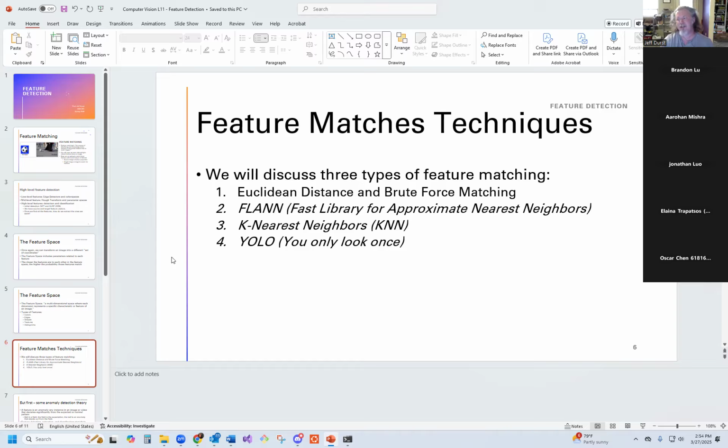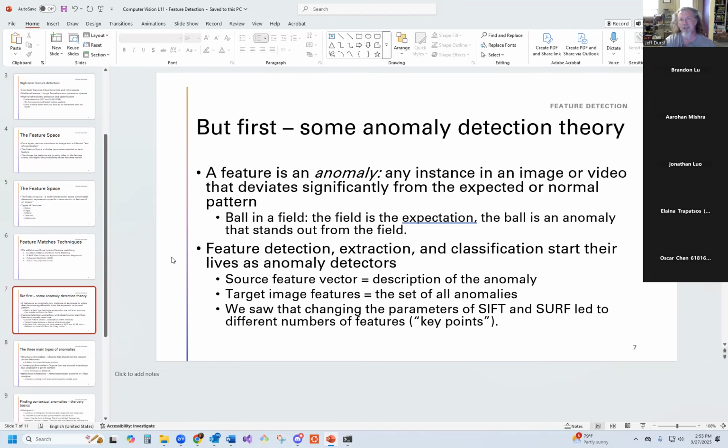Before we get to the idea of feature matching and feature extraction, we're going to talk a little bit about anomaly detection, and what the theory behind it is. So an anomaly is essentially anything that does not match all of the things around it, right?